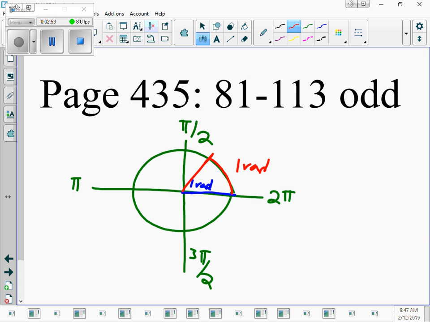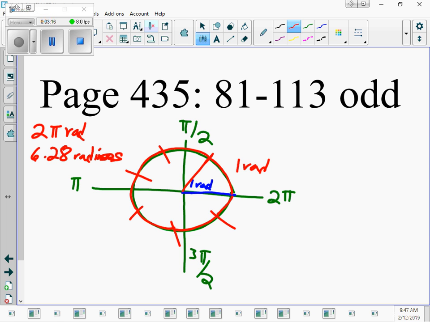Okay, well, how many radians are there? 1, 2, 3, 4, 5, 6, and a little bit. Because the circumference of that circle is 2 pi radians, which is 6.28 radiuses.